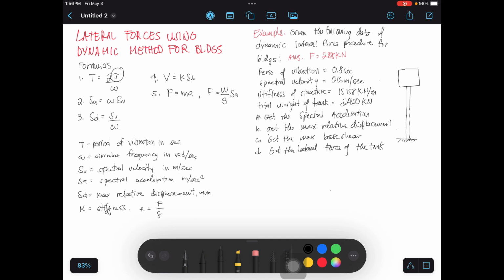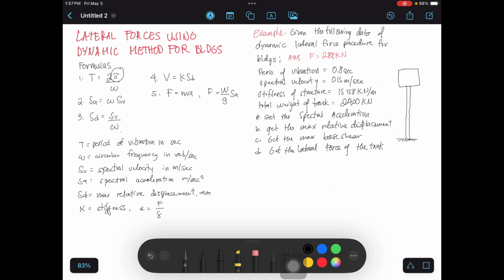So, number 2, SA. This is the spectral acceleration and it is equal to yung omega or your frequency times yung spectral velocity, which is in meter per second. And then number 3, maximum relative displacement, SD, equal to the SV or the spectral velocity over ng frequency or omega.